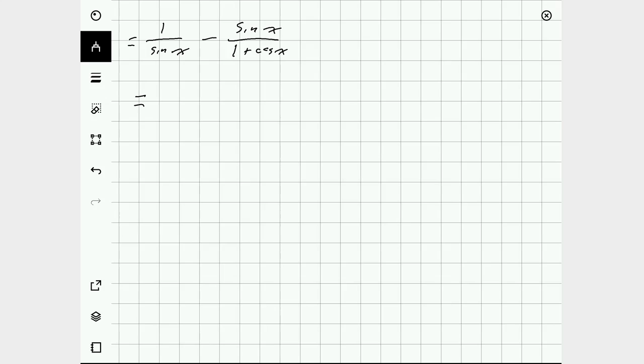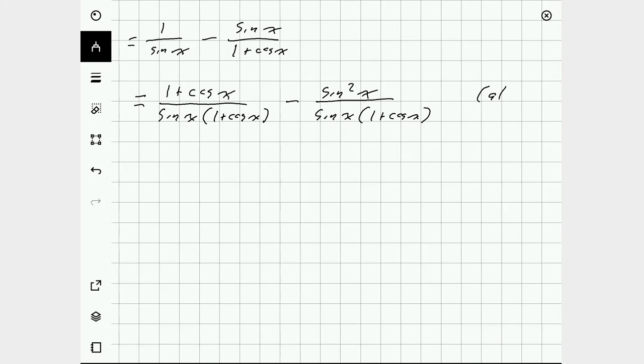All right, I'm just going to multiply the first fraction top and bottom by 1 plus cosine. And then I'm going to multiply the second fraction top and bottom by sine. That's just doing some algebra.